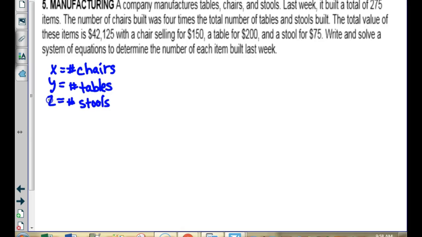All right, can anybody give me one equation? Doesn't matter what order we put them in. Oops, you're right. Keep going, I just messed up. Equals.